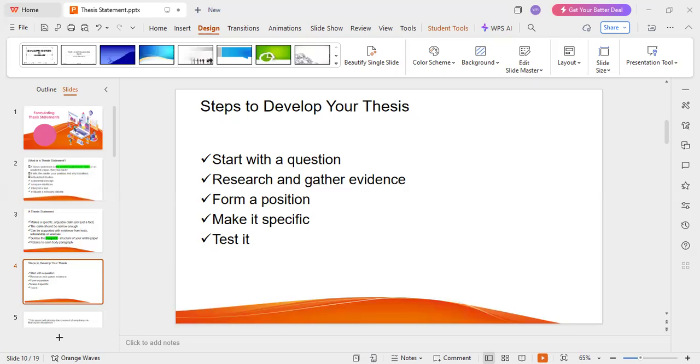So that can happen. So then you can start with another question, not the question that you are exploring currently. So you can follow these steps to develop your thesis statement, to make your thesis statement a stronger one. You can repeat these steps as well.